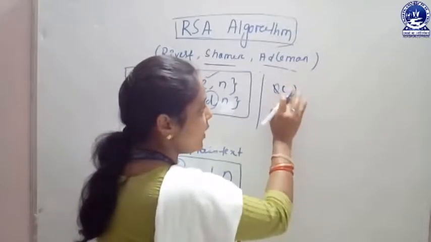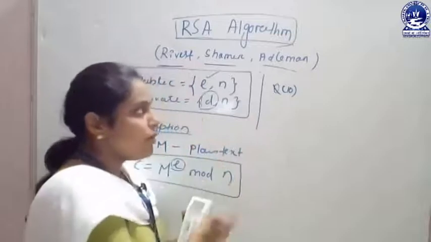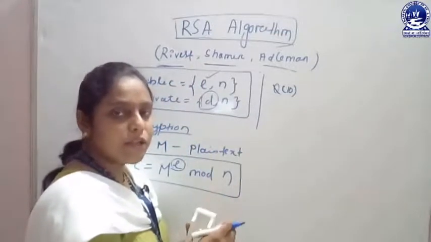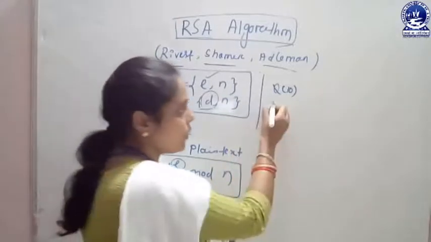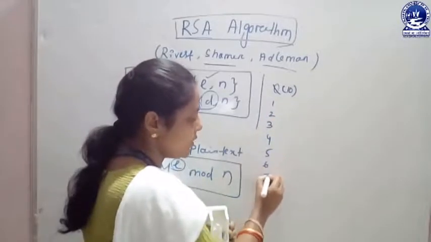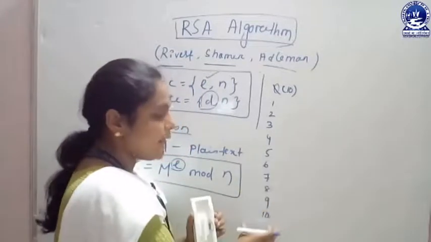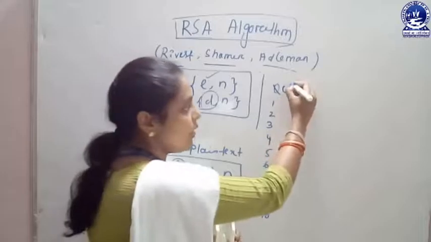Suppose here we take n is 10. If you want to find the Euler's totient function for 10, first of all you have to write all the numbers from 1 to 10. That is 1, 2, 3, 4, 5, 6, 7, 8, 9, 10. After writing this, we take the factors of 10.